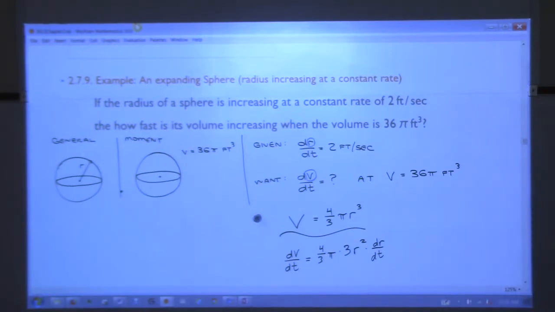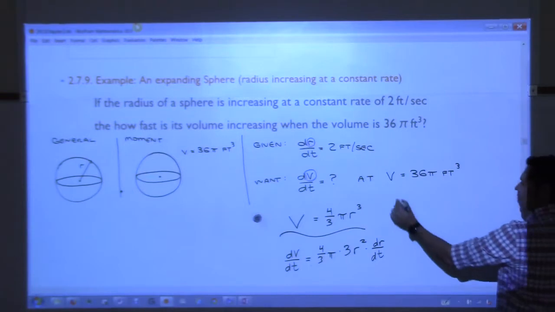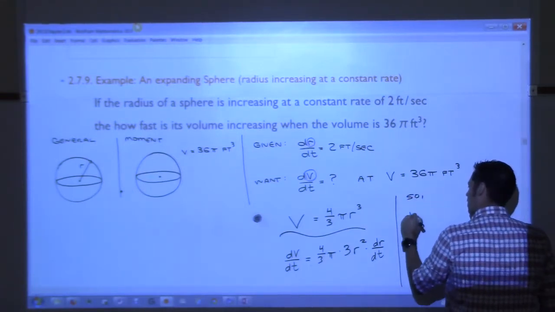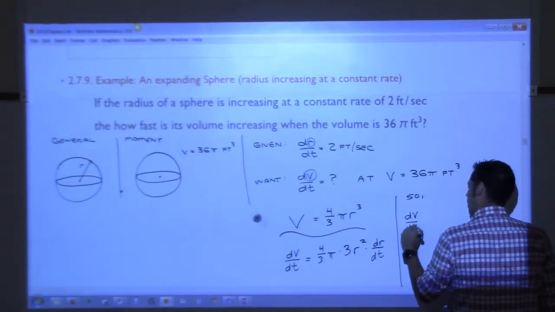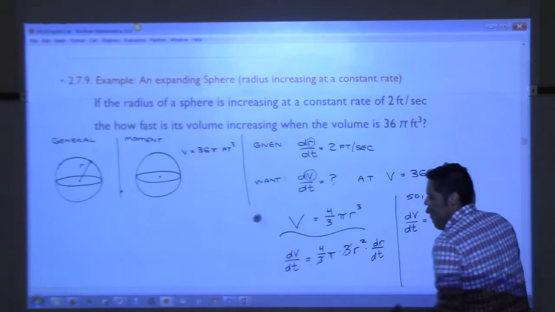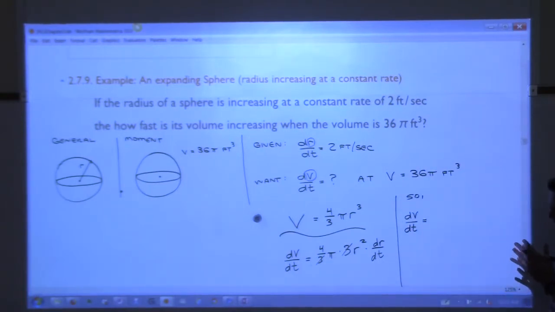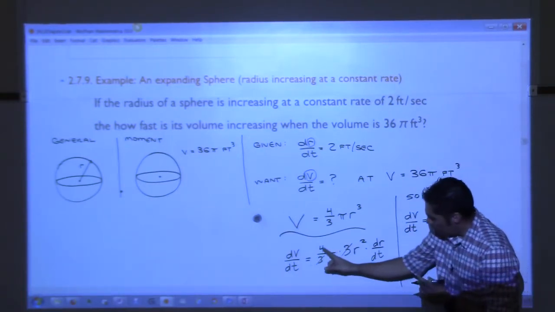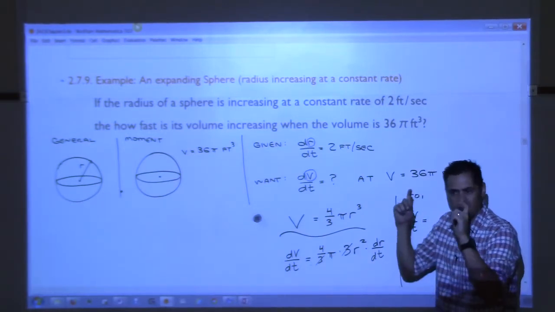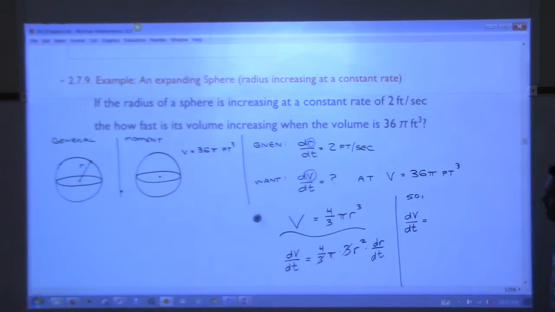All right. We're there. So dV/dt, which is what I wanted, is equal to, now let's clean this up. The 3's cancel here. In order to figure out what's going on, I need to know, well, 4 pi is constant, and I need to know what the radius is at this snapshot picture in time. And I never gave you the radius. I only gave you the volume at that picture in time.